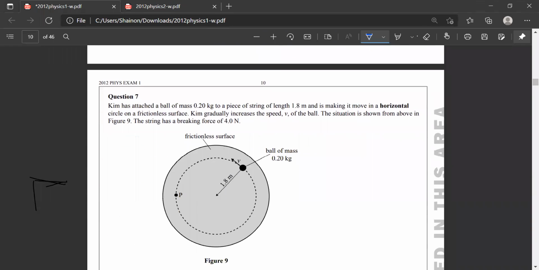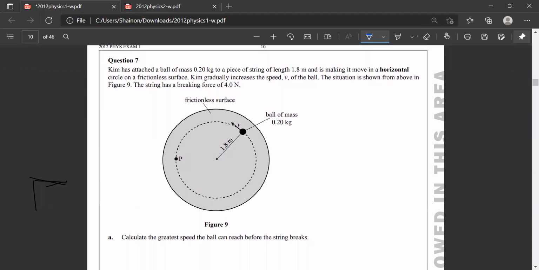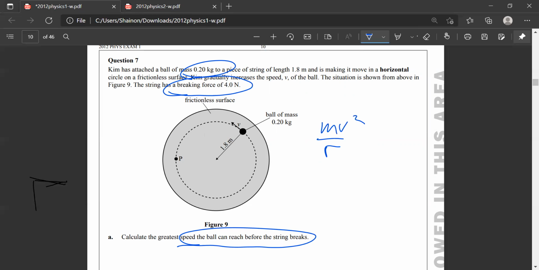And next question. Calculate the speed before it breaks. It has a braking force of this. So this is centripetal motion, and we know that formula is just mv squared over r. When this equals the braking force, we need to find the speed.